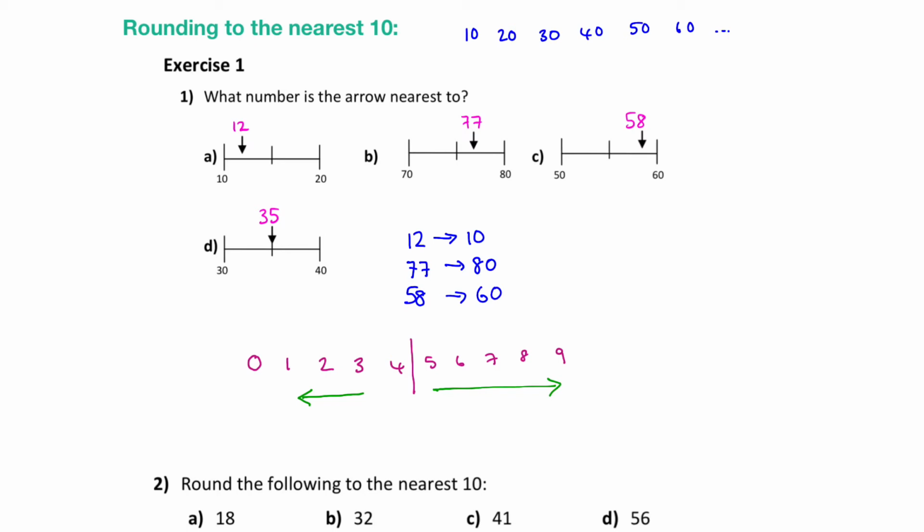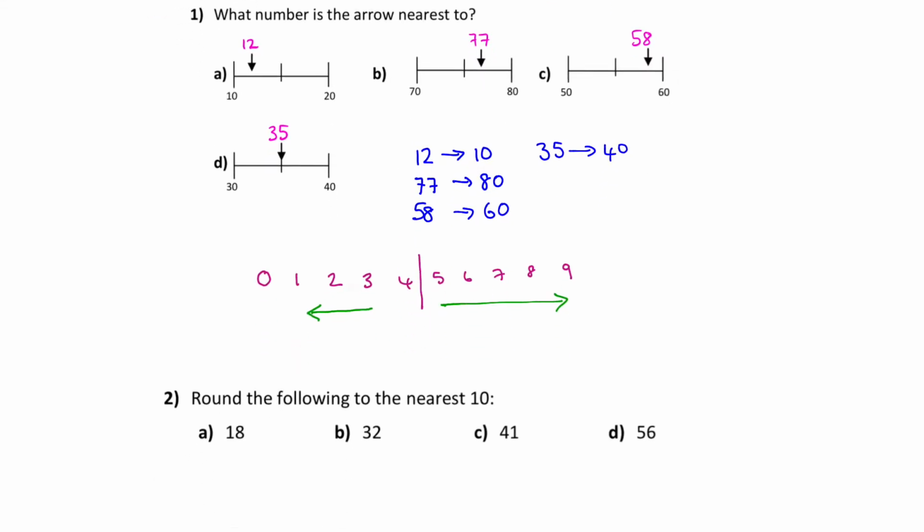So for this one, 35, because it ends in a 5, it's on this side of the line, so we round that up to the next number in the 10 times table. The next number in the 10 times table after 35 is 40. So 35 gets rounded to 40.